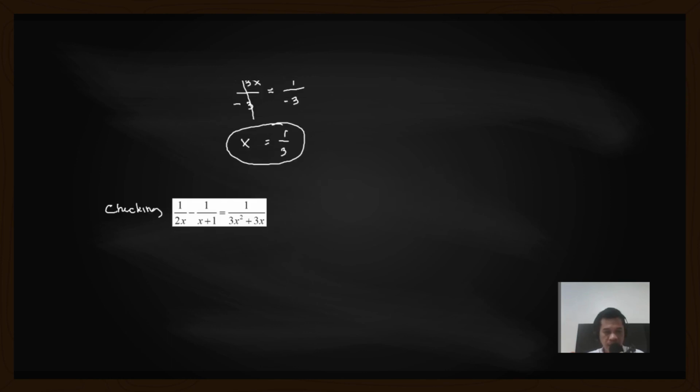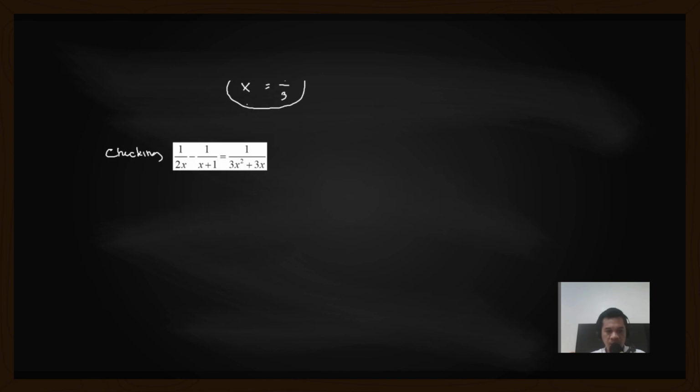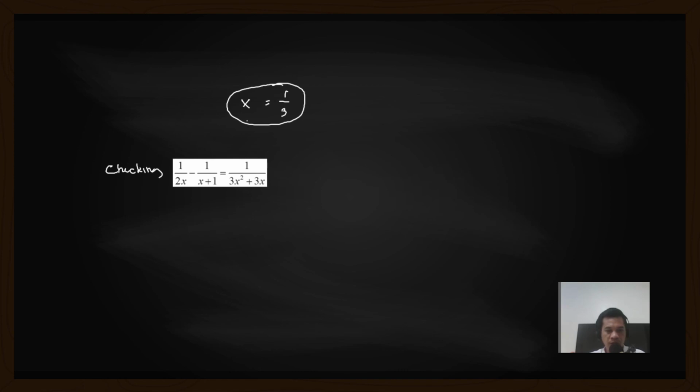Okay, so this is the given equation. Okay, now that we have the value for x, which is 1/3, so palitan natin lahat ng x sa 1/3. Okay? So, palitan natin lahat ng x. Kasi yung value ng x is 1/3.